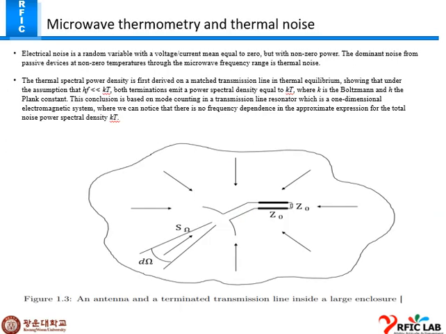And the microwave thermometry and thermal noise. In this, the electrical noise is a random variable with voltage and current mean equal to zero, but with non-zero power, dominated by noise from a passive device at non-zero temperature through the microwave frequency range.